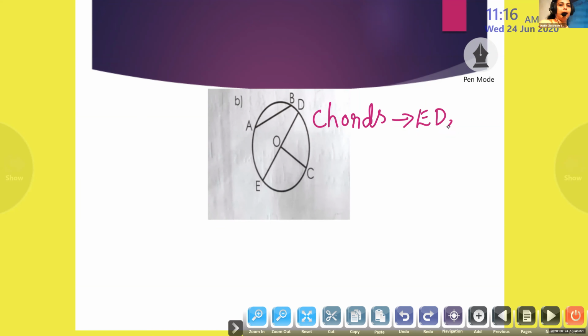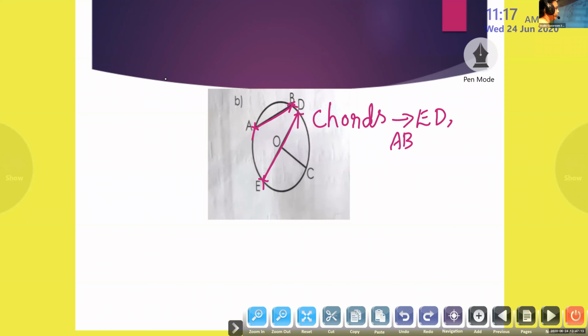One more chord. AB. Very good. Excellent. So, you know what a chord is? It's a line segment joining two points. So this is a point and another point, two endpoints, which is the line ED. Very good. Now that's a chord.